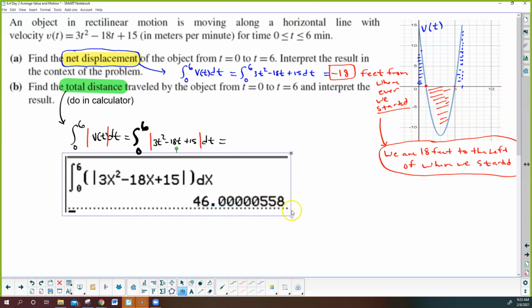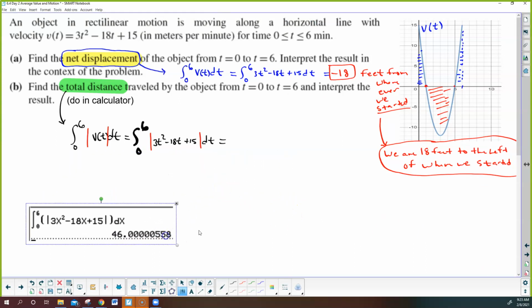If we did this by hand, our answer would just be 46, which is completely fine. But what does that mean in the context of this problem?